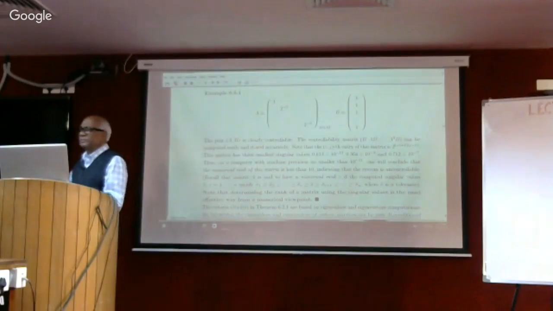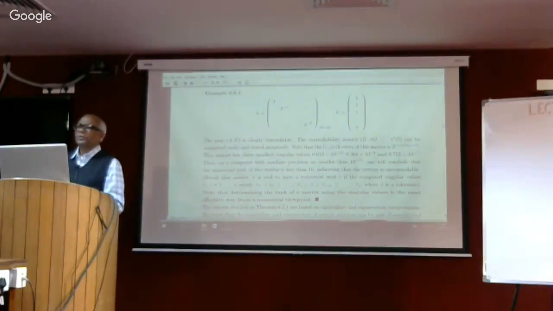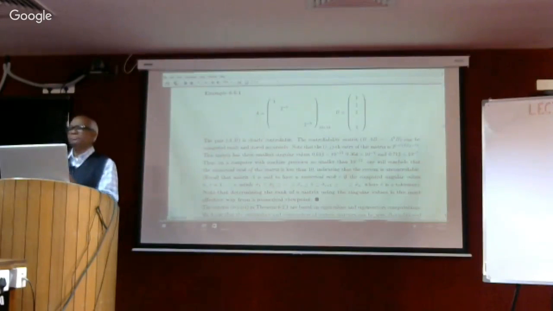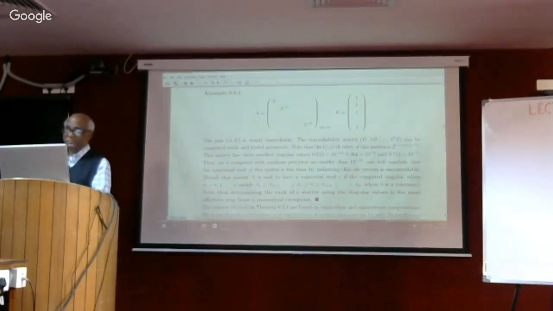Let's try to transform. But here one more thing: we have to work with a pair of matrices. That means we have to have some way to transform the matrices A and B simultaneously to a form, Hessenberg form or real Schur form, whatever it may be, in such a way that the form can be achieved in a numerically stable way.